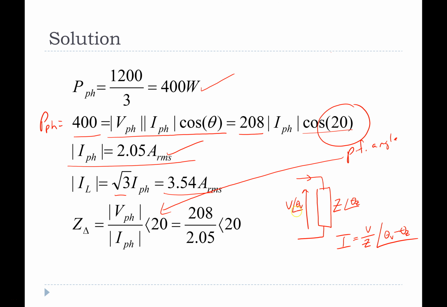The angle between the voltage and the current here is theta V minus theta V minus theta Z, which is simply theta Z. So the power factor angle corresponds to the impedance angle. So to get the magnitude of the impedance, V phase on I phase, because remember the impedance is the phase impedance, and then the angle is given by the power factor angle.